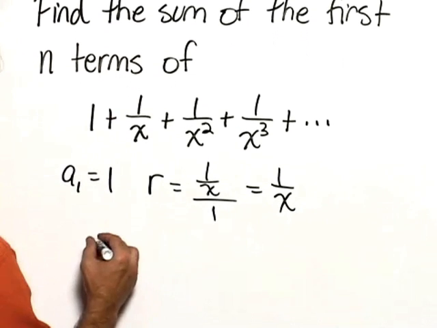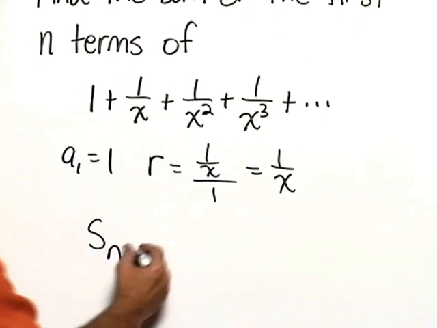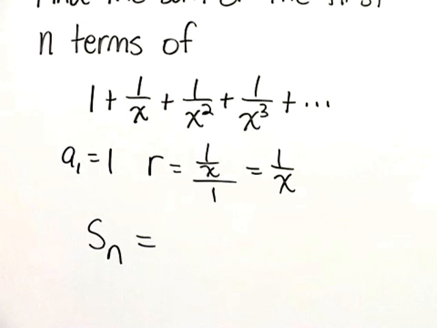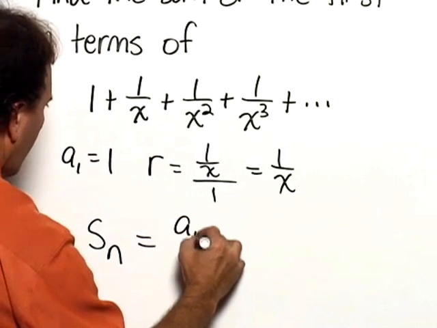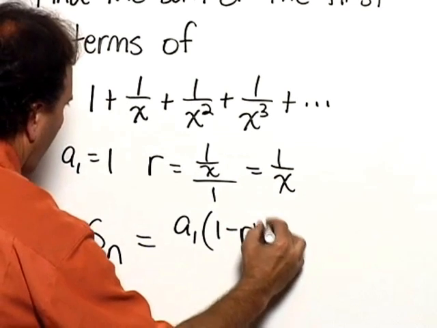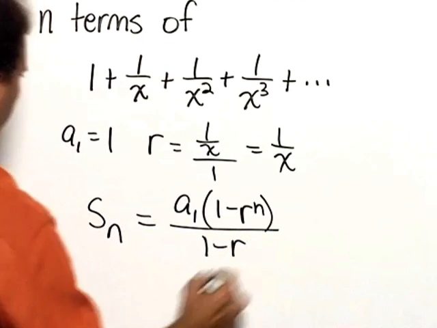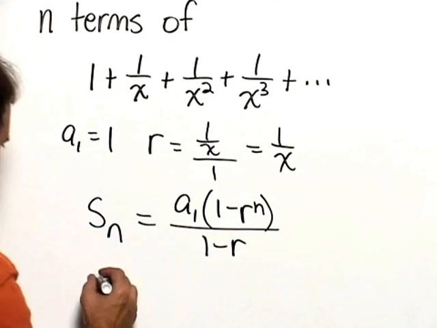Now the general formula for the sum of the first n terms is S sub n equals a sub 1 times, in parentheses, 1 minus r to the n, divided by 1 minus r. We can now make our substitutions.